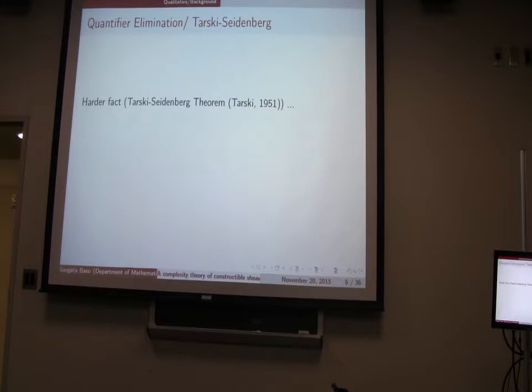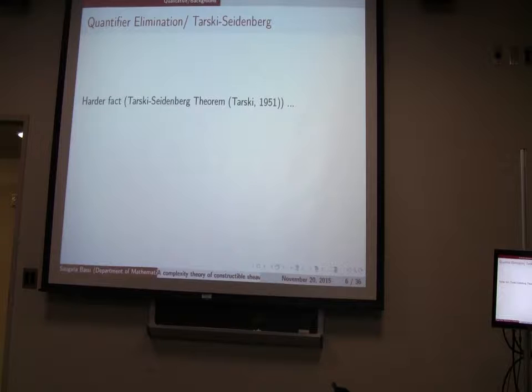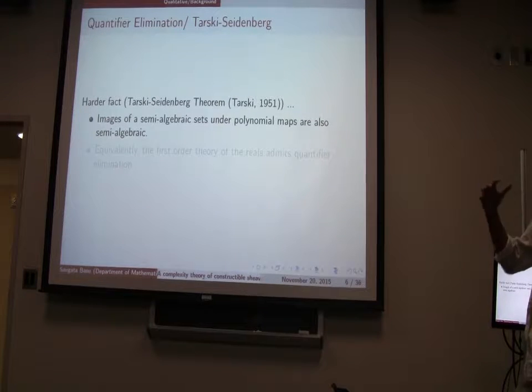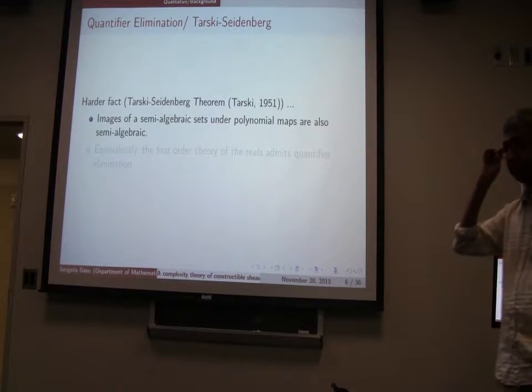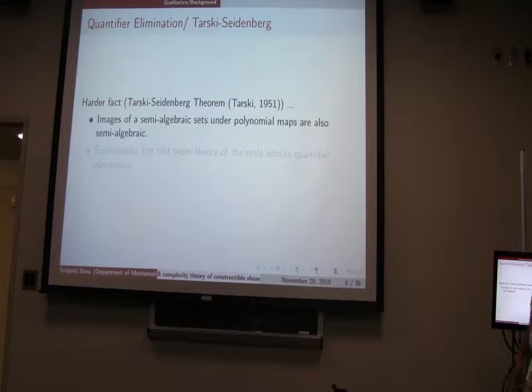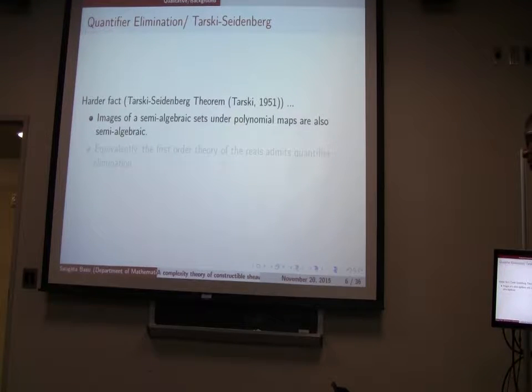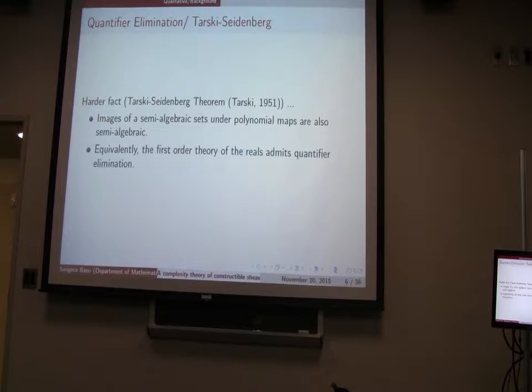But what is less obvious, through this harder fact, the Tarski-Seidenberg theorem, is that not just are they stable under taking pullbacks under polynomial maps, but they are also stable under taking direct images of semi-algebraic sets under polynomial maps. Or in terms of logic, the first-order theory of reals admits quantifier elimination.